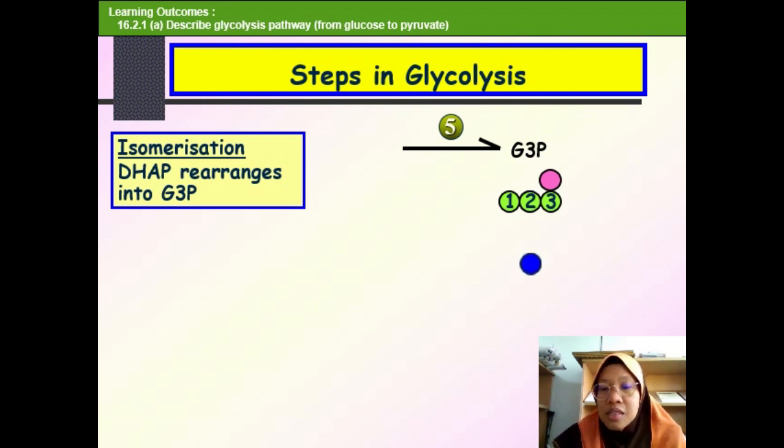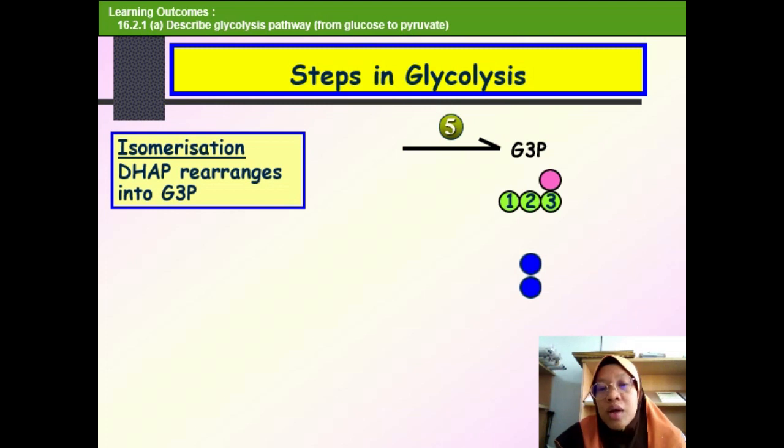So what will happen is 2 hydrogen atom is being removed from G3P. 2 hydrogen atom dikeluarkan dari G3P. So bila dia buang 2 hydrogen atom tu, mesti ada yang terima.